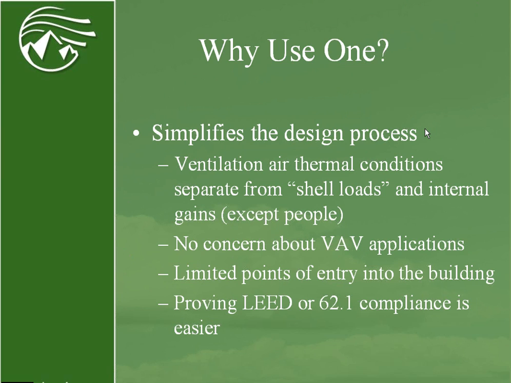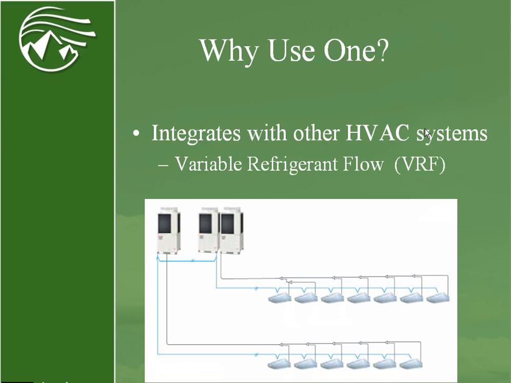There's not the same concern as with the VAV application, where you never know exactly how much outside air is getting to your space. With a dedicated outside air system, you always know exactly how many CFM are getting to your space. Like I said before, this means limited roof penetrations into your building with a single dedicated system. And this is also going to help with your 62.1 compliance and getting LEED accreditation for your building.